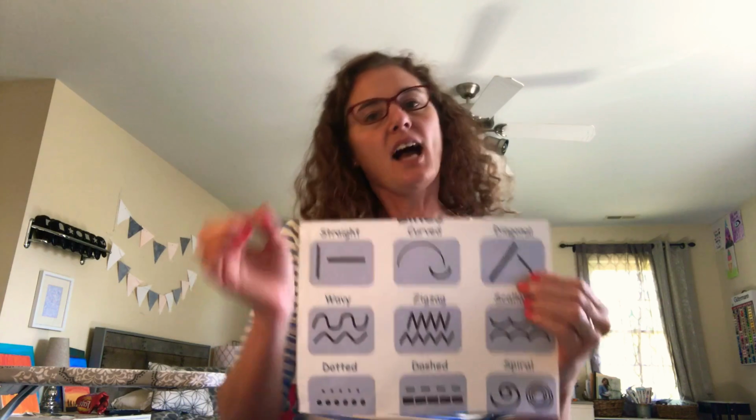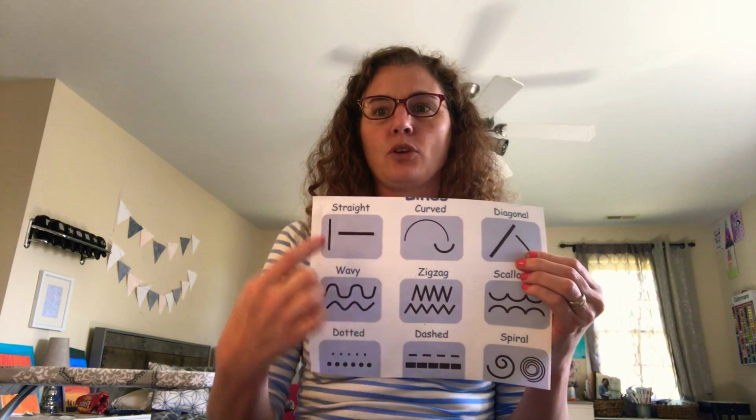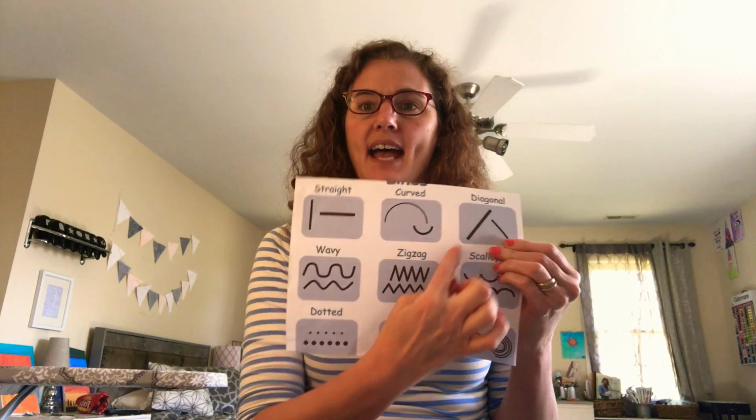Well, today you're going to learn how to do a converging line op art piece or a vertical line op art piece. But first, let's talk about the simple types of line. Line has direction. It could be vertical, horizontal, or diagonal.